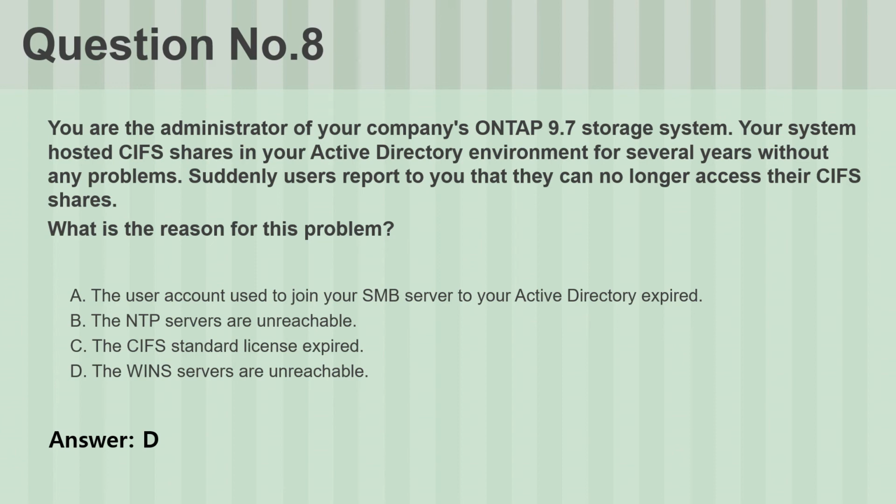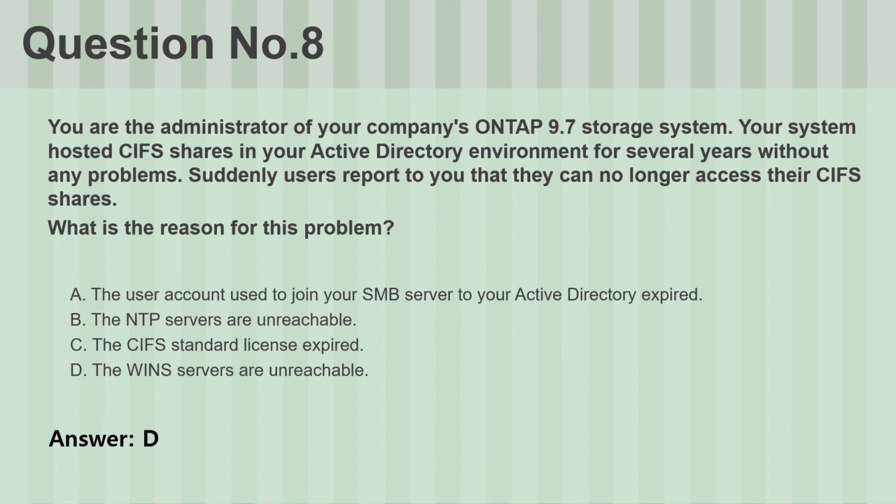What is the reason for this problem? A. The user account used to join your SMB server to your Active Directory expired. B. The NTP servers are unreachable. C. The CIFS standard license expired. D. The WINS servers are unreachable. Answer: D.